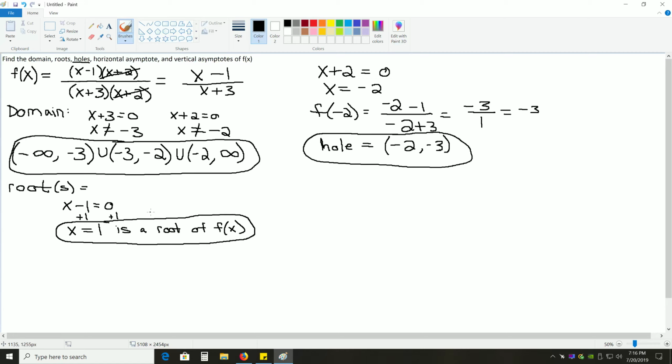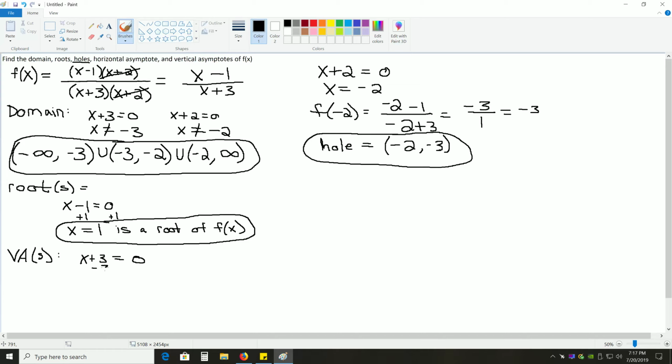The vertical asymptotes will be just as easy to find. So the vertical asymptotes occur anywhere the denominator can equal 0 after you've simplified the function. In this case, it's already factored for us, just like the numerator. So we just take our x plus 3 and we set that equal to 0.